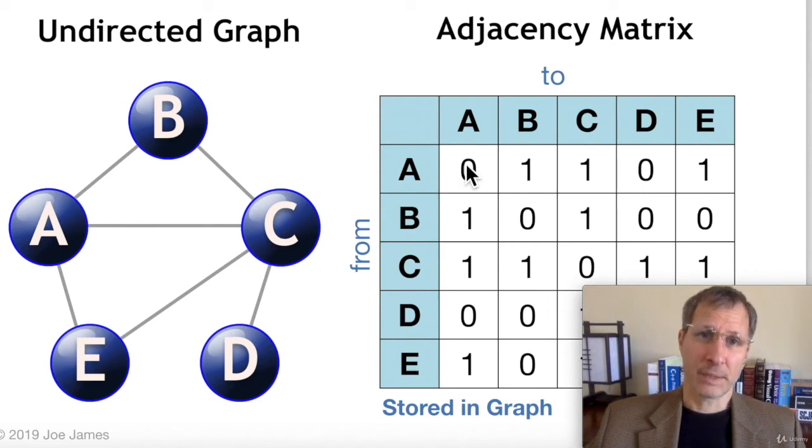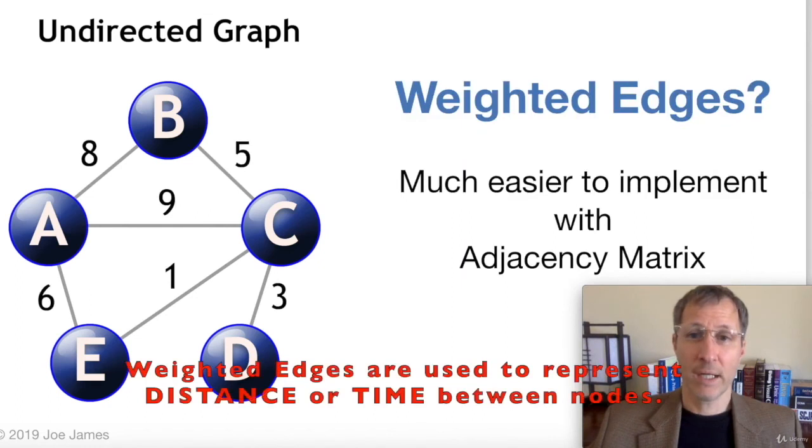Since this is an undirected graph, this is a mirror image across the diagonal, as you might expect. If A connects to B, then B also connects to A. And this 2D matrix would be stored in the graph object itself, so each vertex doesn't have to remember its own neighbors.